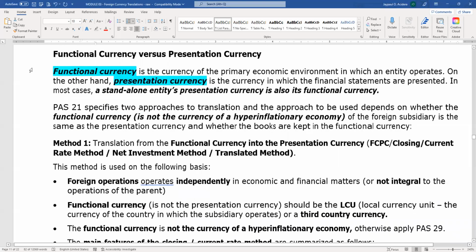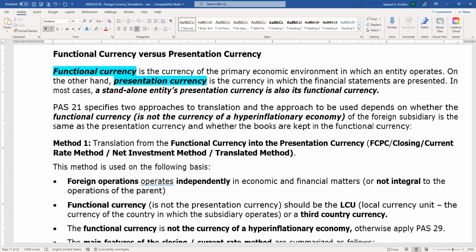Now let's compare functional currency versus presentation currency. As I've told you a while ago, usually the businesses here in the Philippines, their functional currency is also their presentation currency. For example, when a business reports to the BIR, it uses the Philippine peso in reporting its transactions.